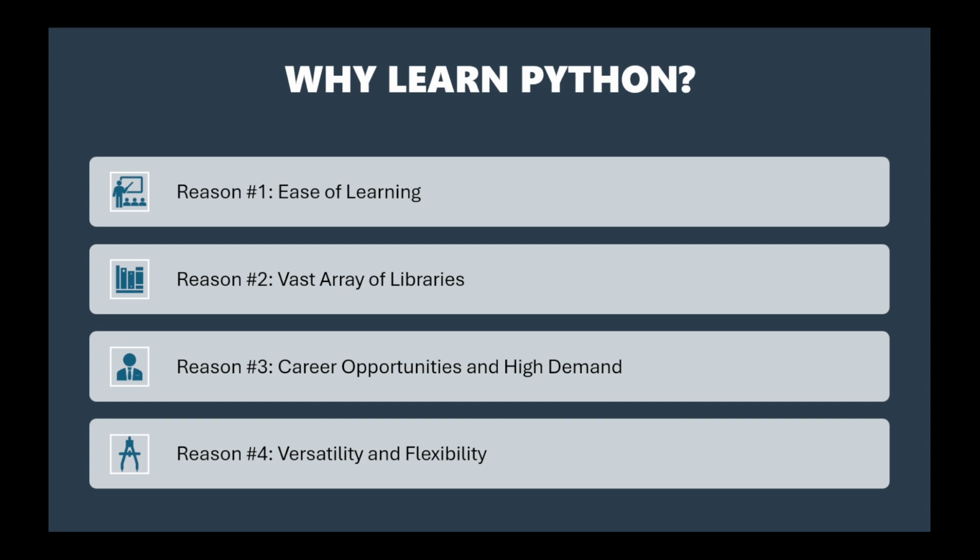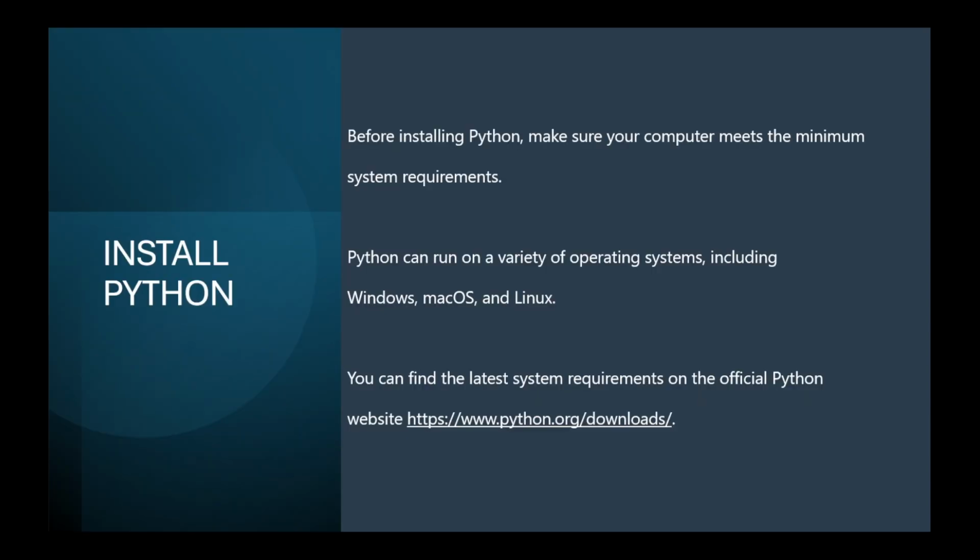If you look at one of the topmost programming languages, Python is one of them, right? Versatility and flexibility, of course you can integrate with other languages, other software. You can do whatever you want. Basically you can automate anything with Python, and it's very important nowadays.